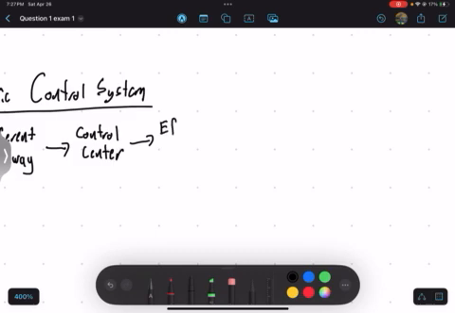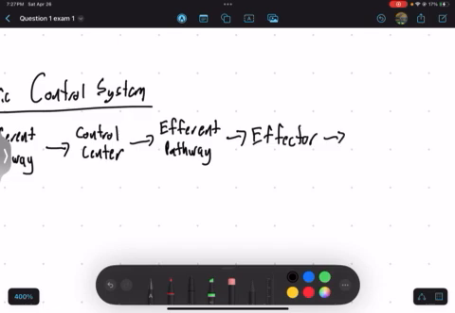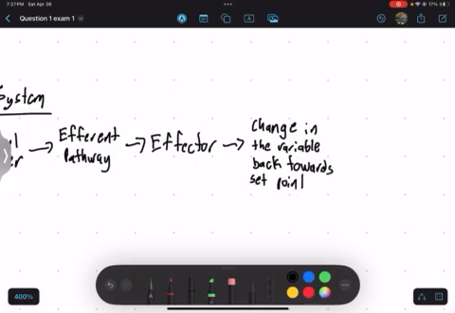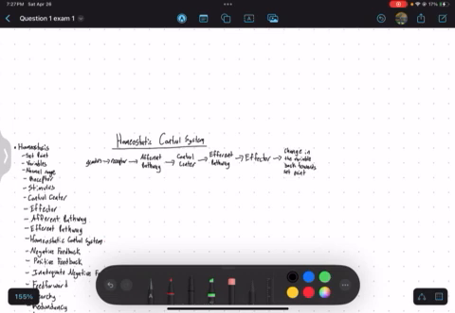So it will then send a signal through the efferent pathway to an effector, which will cause a change in the variable back towards set point. This is what our body wants to do.